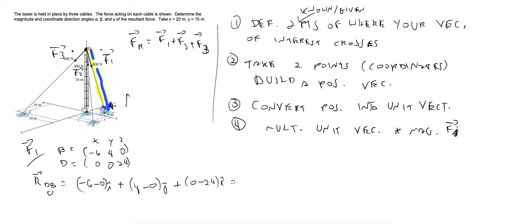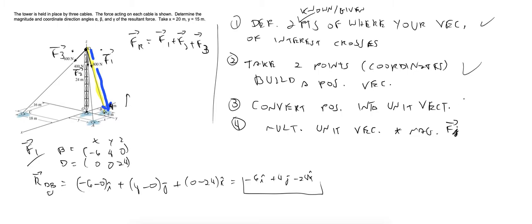And that ends up being negative 6I plus 4J minus 24K.